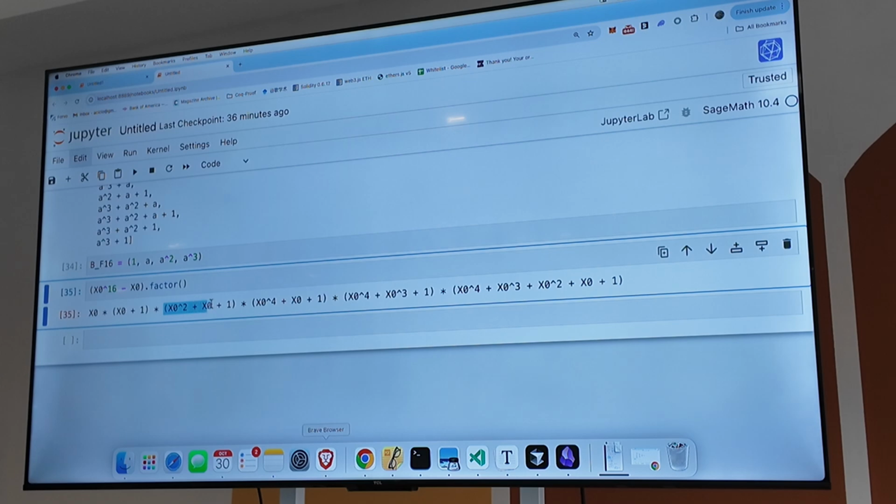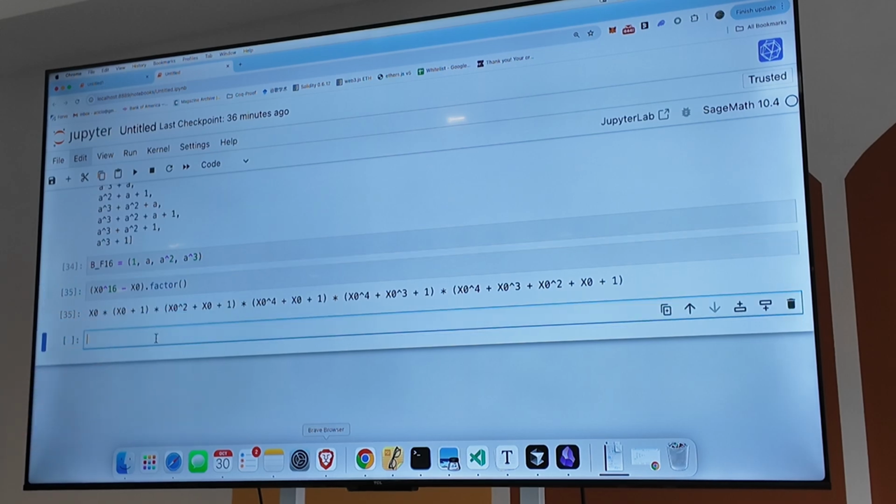And then we have this. x squared plus x plus 1, this polynomial will have two roots in a bigger field, in an extension field. So a and a plus 1 are the roots of this. Okay, let me check. So I have to redefine the polynomial ring of F16.